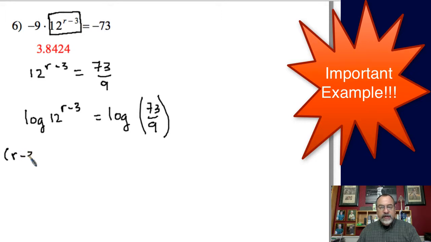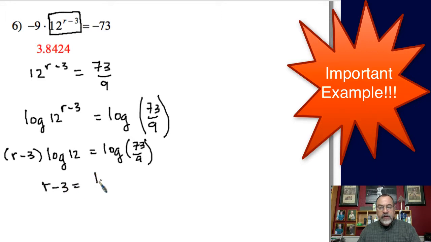R minus 3 is going to go in front using the power property, equals the log of 73 over 9. Now this times this, so I'm going to divide by the log of 12. So I'm going to have r minus 3 is equal to, now here's where again it gets kind of tricky, but you have to be careful. That's one number divided by this log of 12.